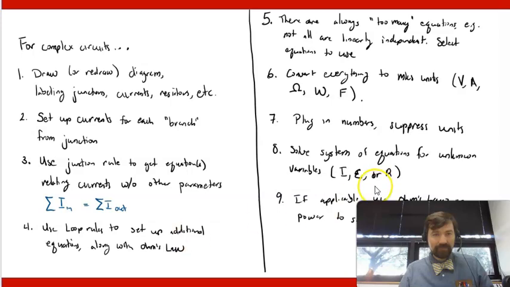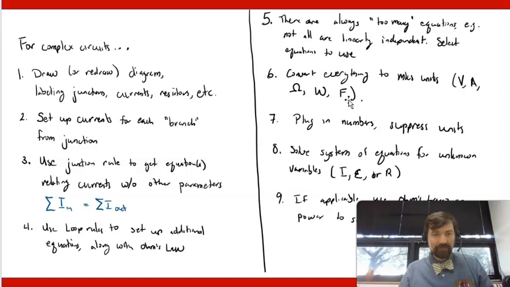via Ohm's law, via the definition for capacitance, etc. Once you've done that, you will inevitably have too many equations. In fact, you'll have typically double the number that you need from the junction rules, and there's usually a bunch of extras from the loop rules as well.